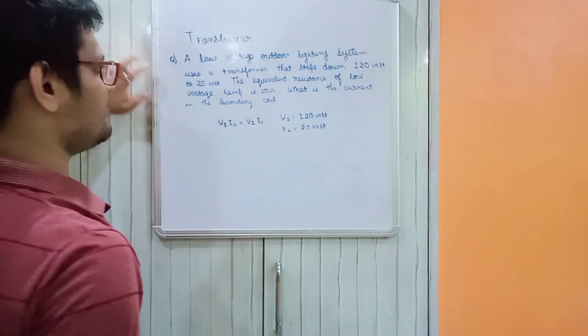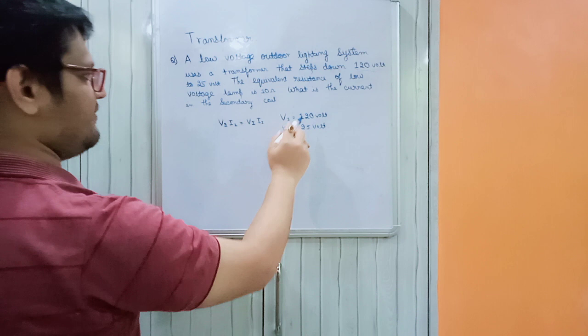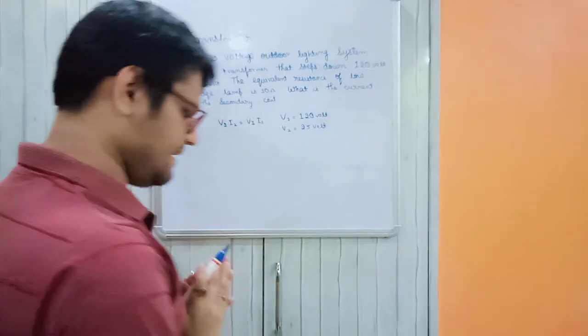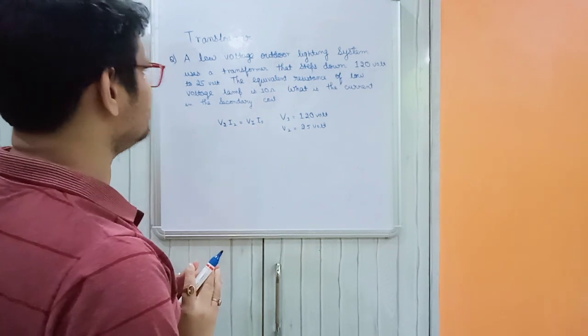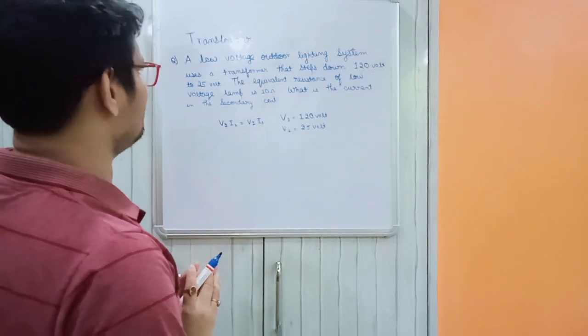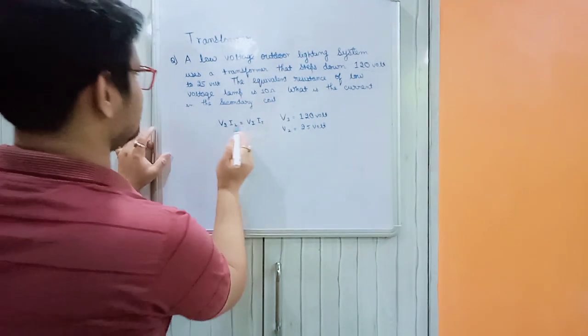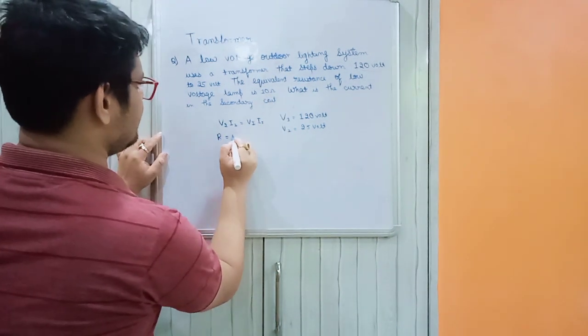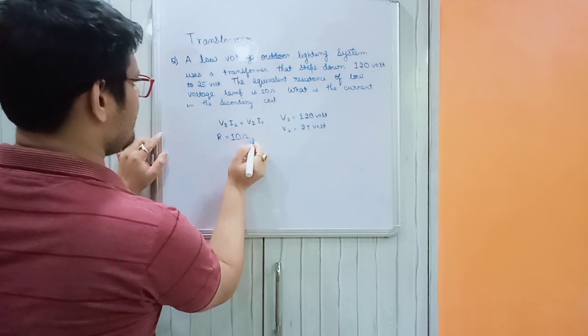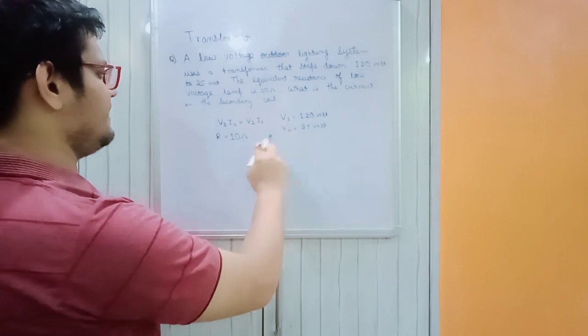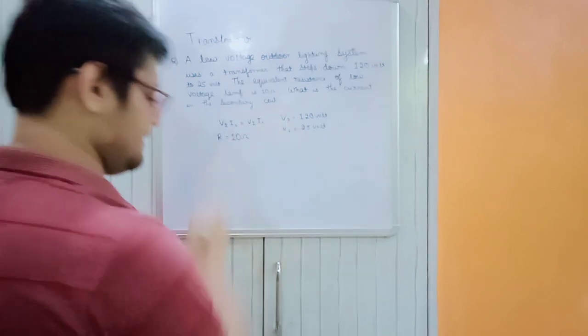So now we got the data for V1 and V2, and the other is the resistance R, that is given as 10 ohm. It is a very easy numerical, if you know the formula and the given data, you can directly calculate.